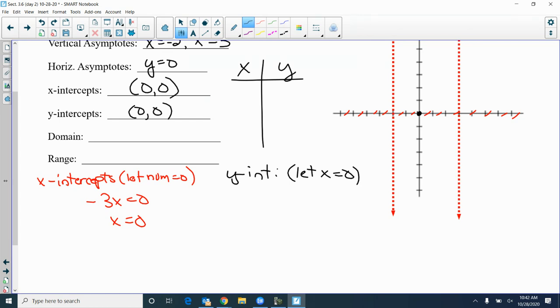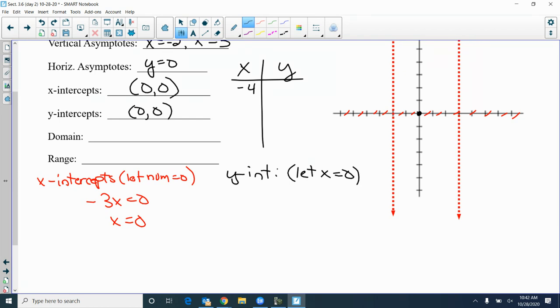All right, between and beyond. I have to have the vertical asymptotes and the x-intercepts. The furthest thing I know on the left is this vertical asymptote. I need 1 point to the left of negative 2. I'm going to pick negative 4. You can pick negative 3, whatever, just 1.